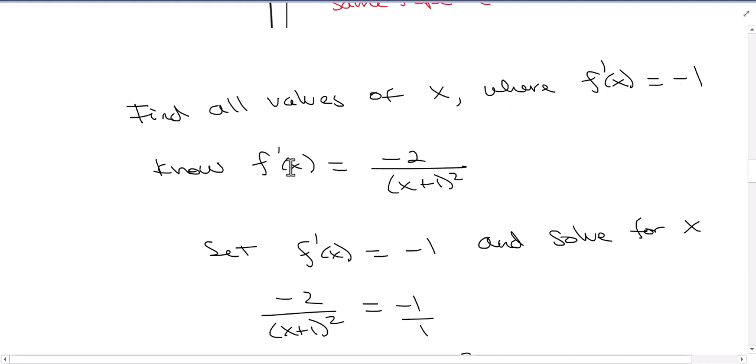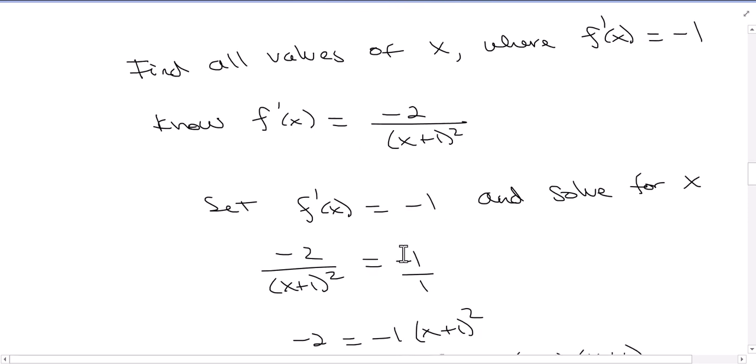Having the derivative as a function gives us a lot of versatility. We can find when the function has horizontal tangent lines. What's the slope of a horizontal line? 0, right? So I will set the derivative equal to 0 to find horizontal tangent lines.